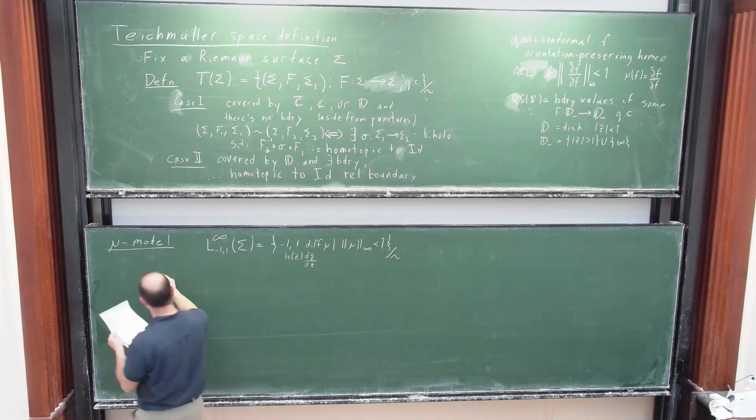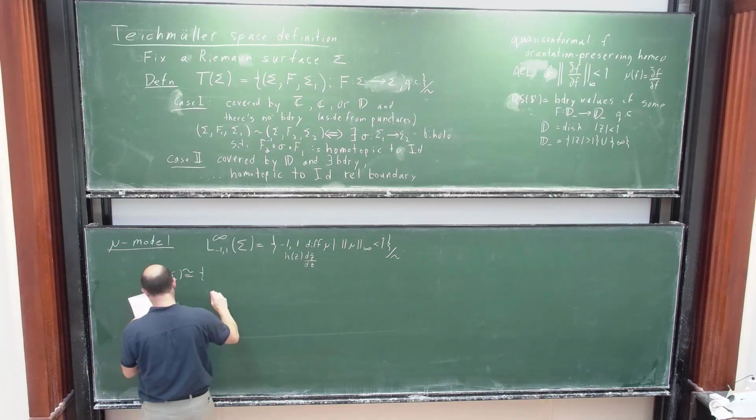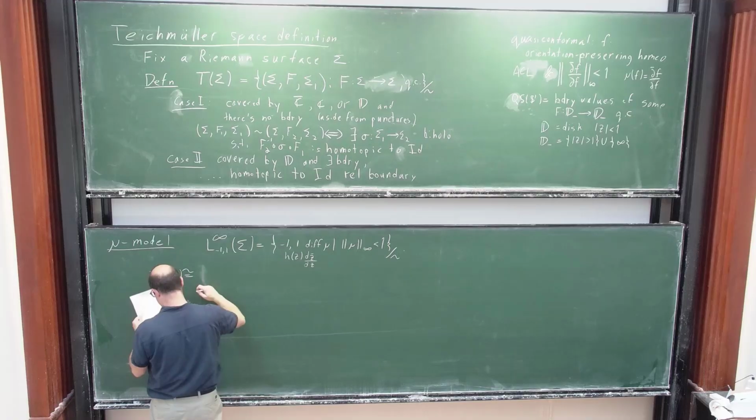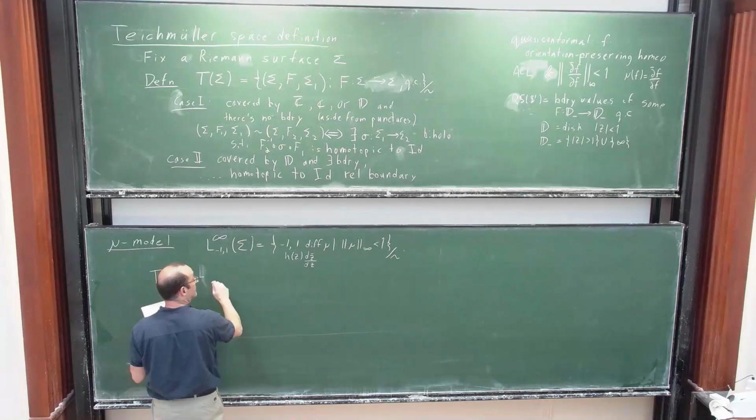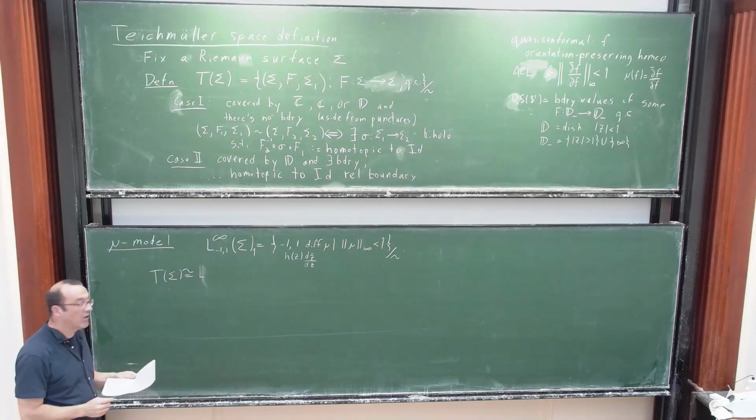Then T of sigma is isomorphic to the unit ball. Oh, sorry, I wanted the unit ball there. The 1 is for the unit ball.